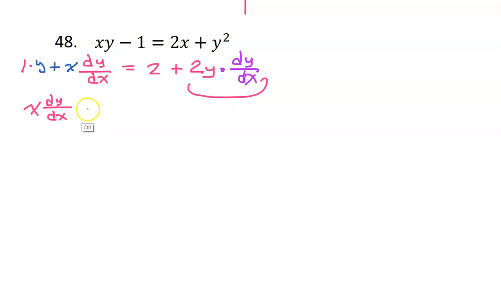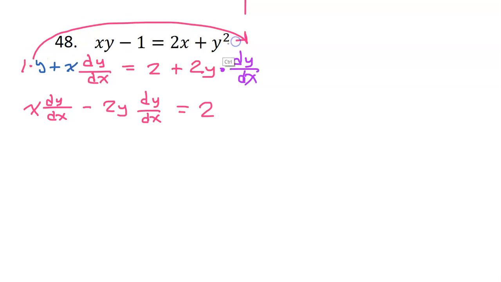So I'm going to have minus 2y dy dx. I've got the 2 that's already there, but I'm subtracting this y. So I'm moving this over to the other side. So I'm going to have minus y.